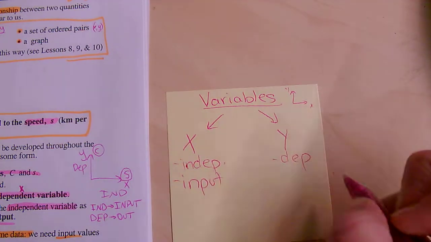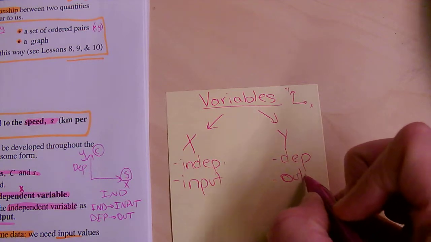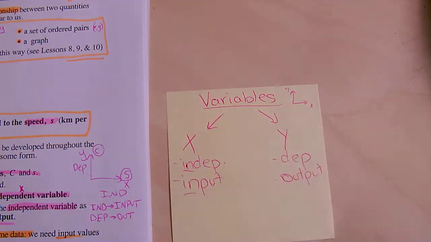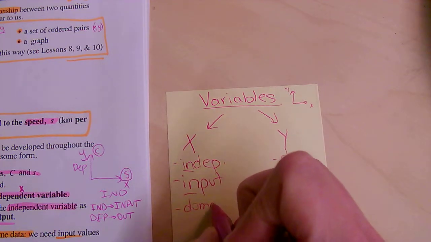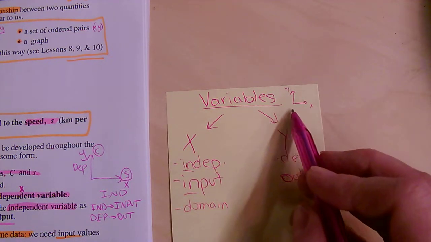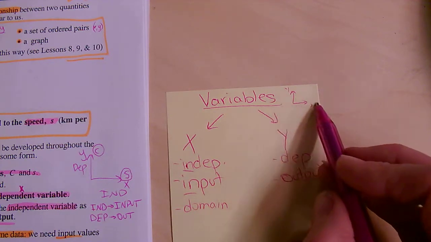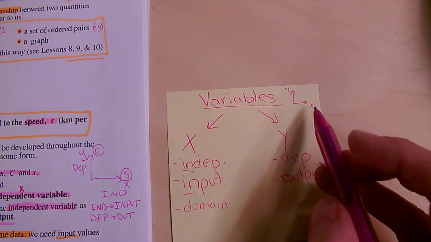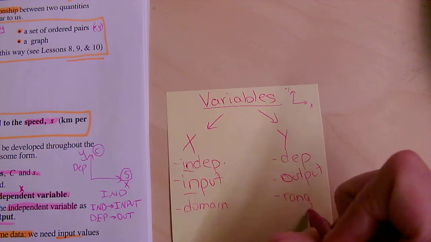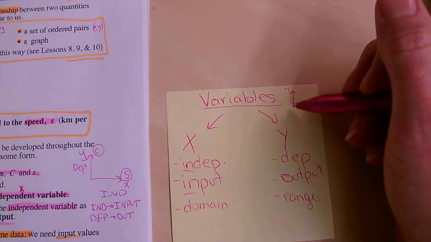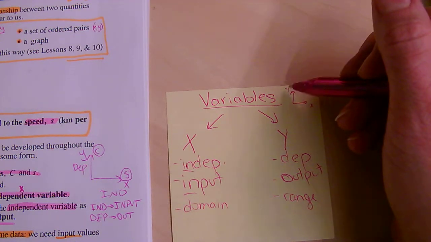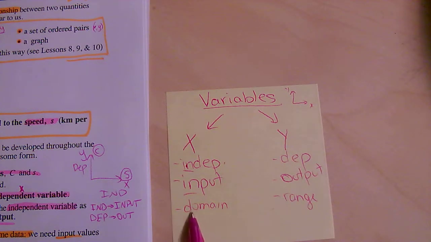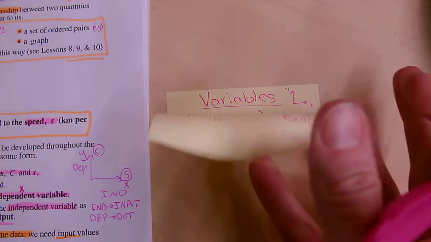X is the input, Y is the output. The X value has to do with our domain. Anytime we talk about domain, we're talking about all the X's that can happen. If we're talking about all the Y's that can happen, that's our range. We might add to this, but for now that's our summary of the variables, and we'll talk more about that later.